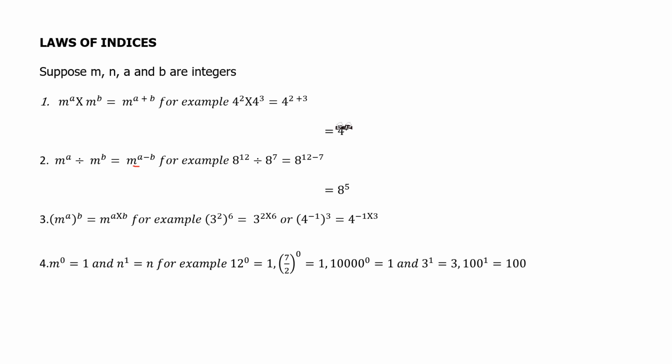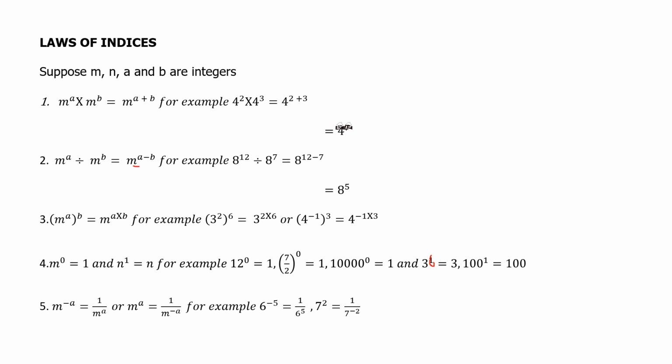Even a big number like 10,000 power 0 is 1. And any number power 1, like 3 power 1, we are going to have 3, and also 100 power 1 gives 100.